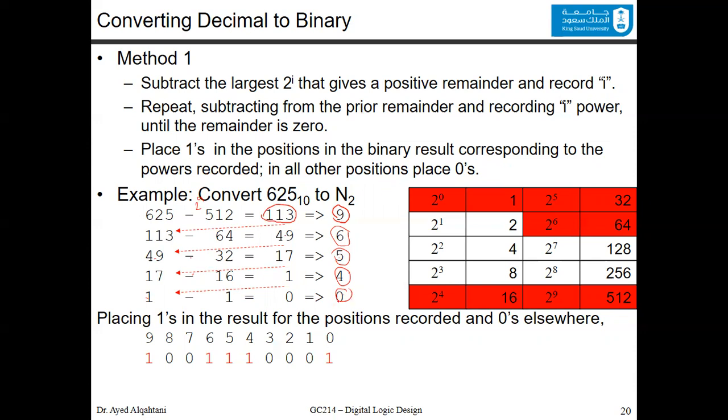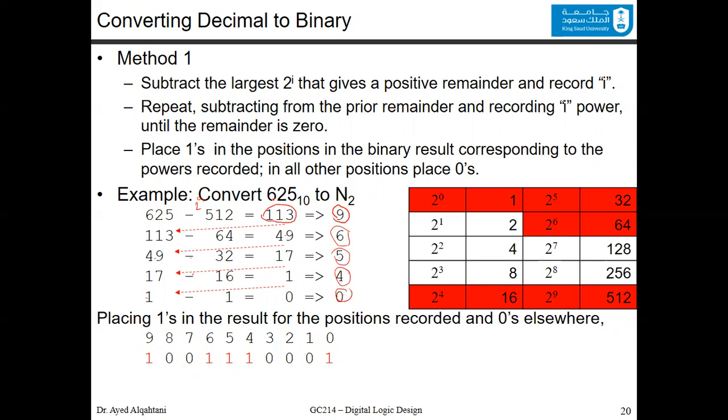So here we would say, okay, in the power of 0, we recorded it, so we put 1. 1 is not there, we put 0. 2 is not there, we put 0. 3 is not there, we put 0. 4 is here, so we put 1. Also 5 and 6, we put 1 and 1. 7 and 8 are not there, so we put 0, 0. And 9 is there, so we put 1. And this will be the binary result.